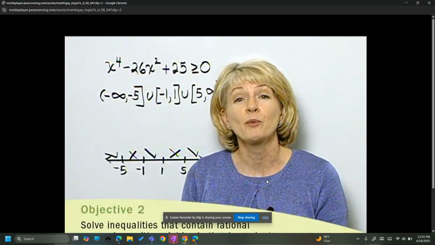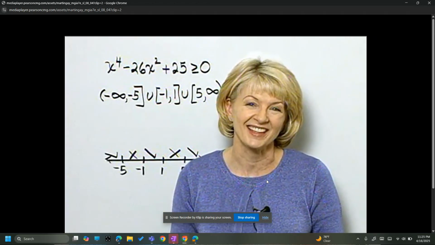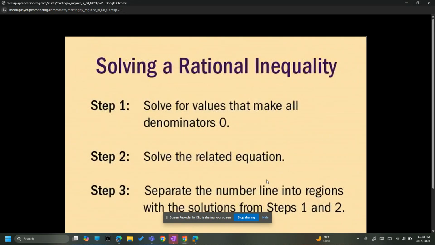Now let's see how we can solve a different type of nonlinear inequality. What about solving a rational inequality? Step 1, solve for values that make all denominators 0. Step 2, solve the related equation. Step 3, separate the number line into regions with the solutions from steps 1 and 2.